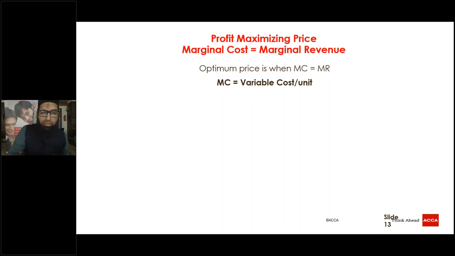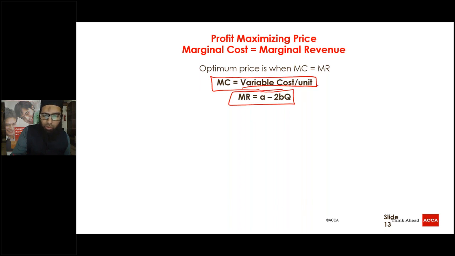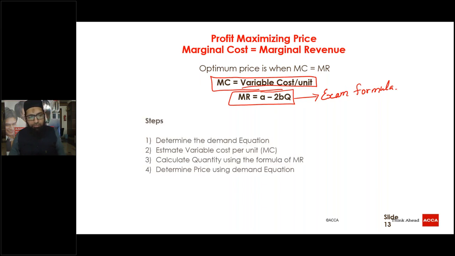Marginal cost means the variable cost per unit. And MR means the formula A minus 2BQ. And once again, this is an exam formula that is provided to you in the exam.